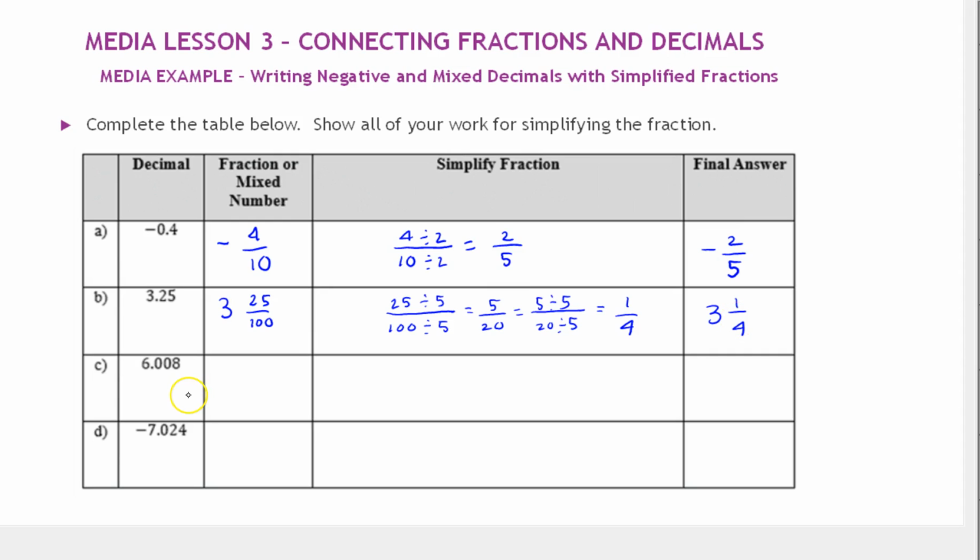Let's look at the next one. So we have 6 8/1000. Okay. So the 6 is going to remain in our final answer. We just have to simplify the fraction. Now I actually know that 1,000 is divisible by 8. And this is not some fact I have memorized.